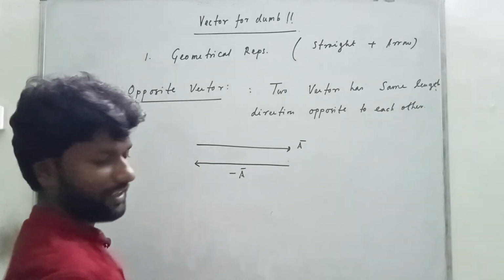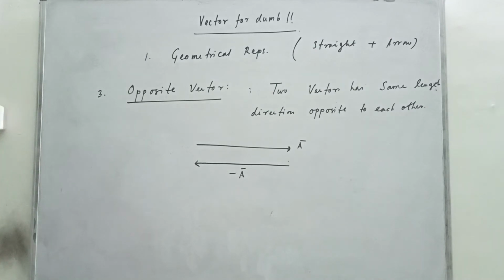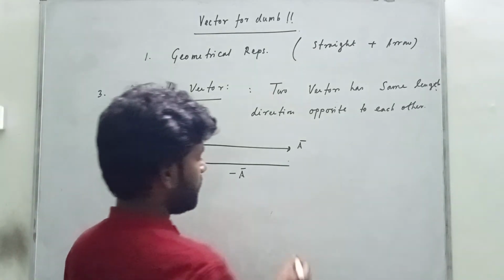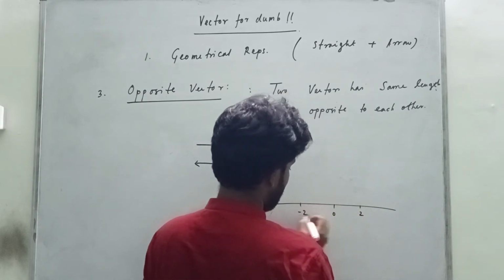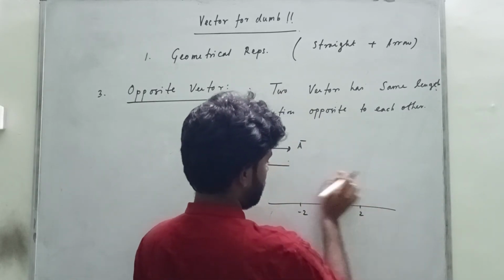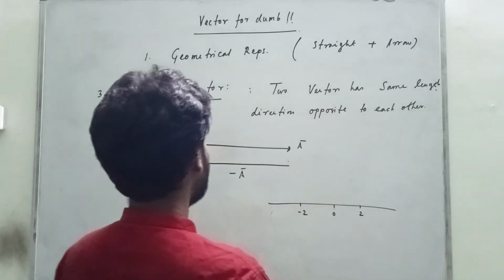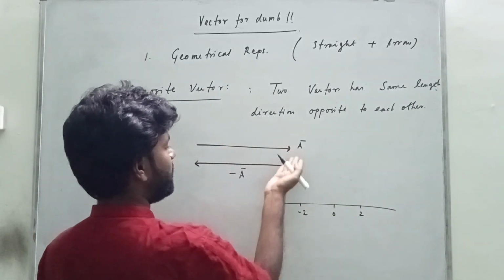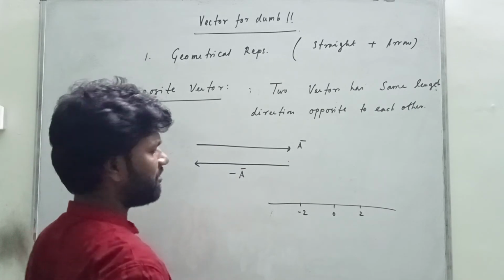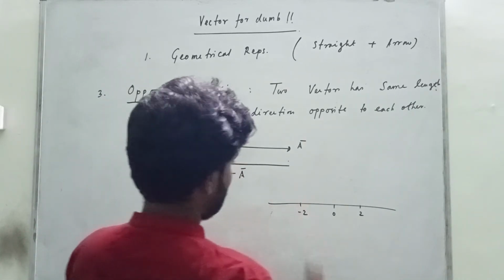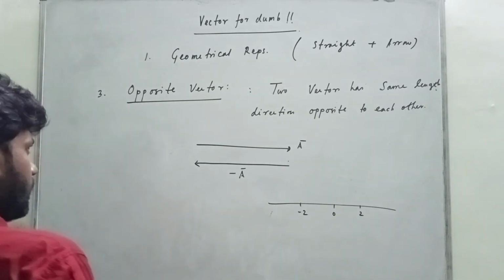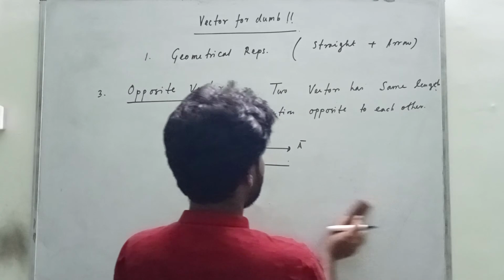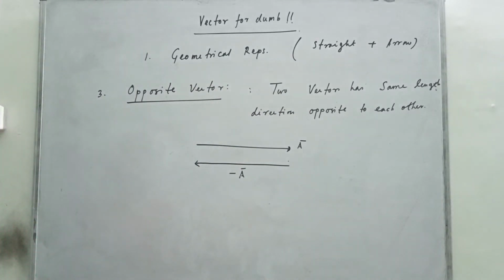Just opposite. If it is a number line, 0 here, 2 here, minus 2 here, then the opposite of 2 means minus 2. Similarly, the opposite of A means minus A, right? This is a very precise and very simple thing, right? Okay. The two vectors have the same length, but the directions of these two vectors are opposite to each other.